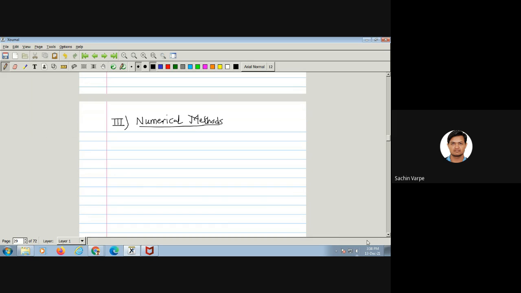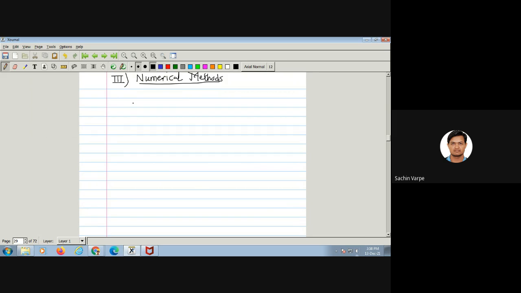Right. In numerical methods, we have discussed important points, the first one being interpolation. The two important interpolations we have discussed are, first, Lagrange's interpolation, and secondly Newton's interpolation. Right.